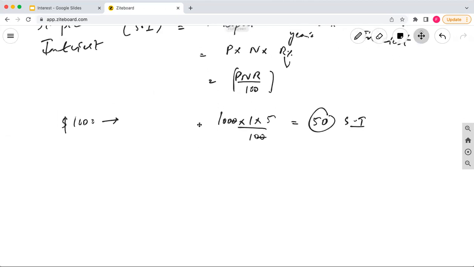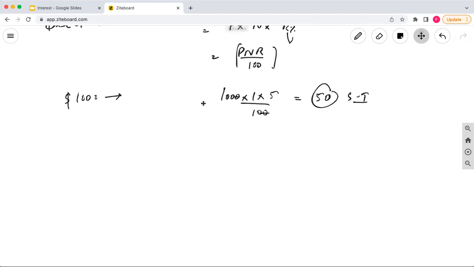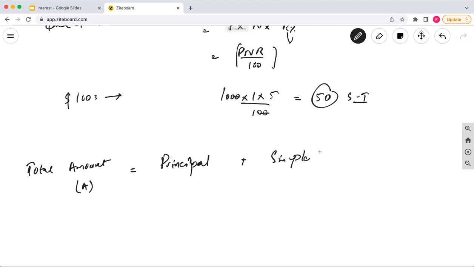And the question could ask for the total amount which the person has in his or her account after 1 year. If I call the total amount A, this will be the principal amount or the initial amount plus the simple interest, which we just calculated earlier.